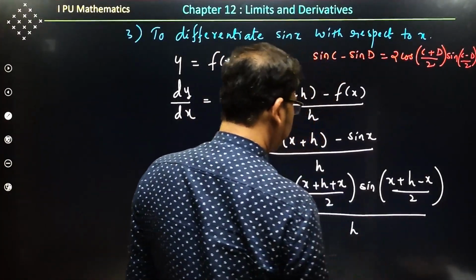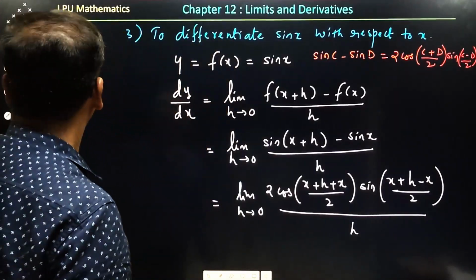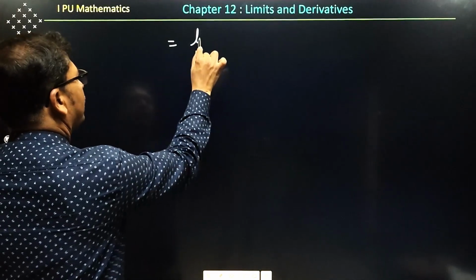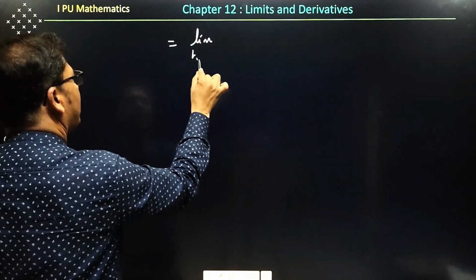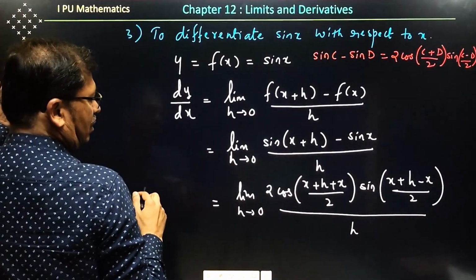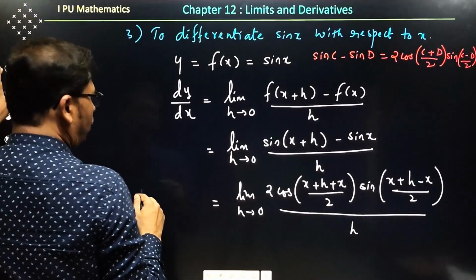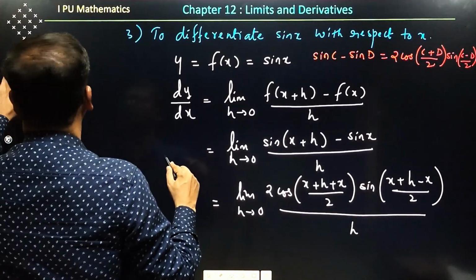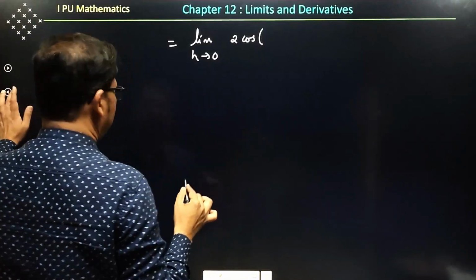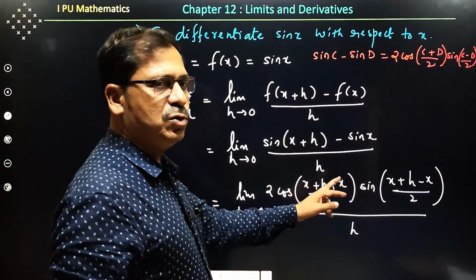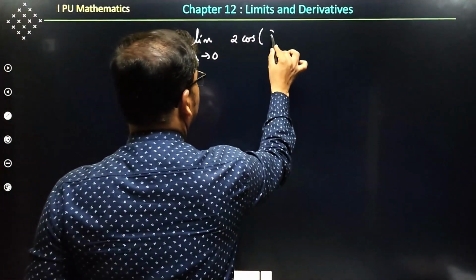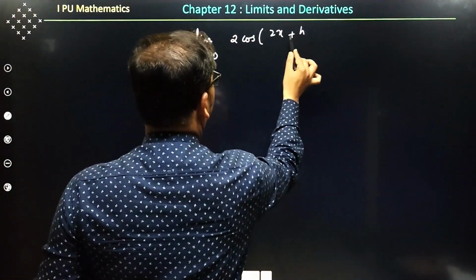Let us simplify this. This is equal to limit h tends to 0. Observe a bit; if you write along you can do it later. Limit h tends to 0, 2 into cos; see what is inside the bracket, x plus x is 2x, so (2x plus h) divided by 2.